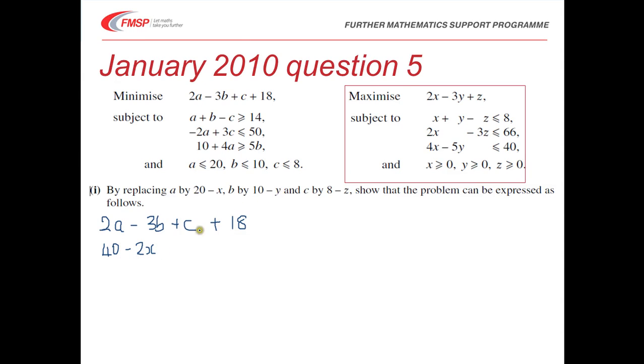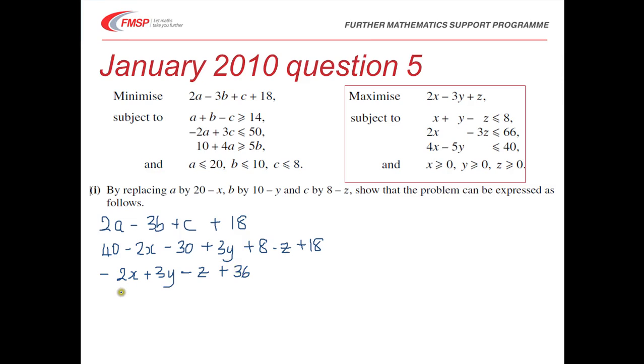B is 10 minus y, so just be careful with your signs, so that's minus 30 plus 3y, and C is 8 minus z, and then we have the plus 18. So if we simplify all of that, we'll have minus 2x plus 3y minus z, and then we have 36 as our constant.